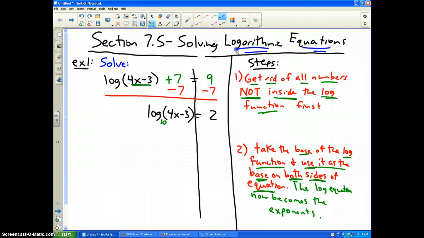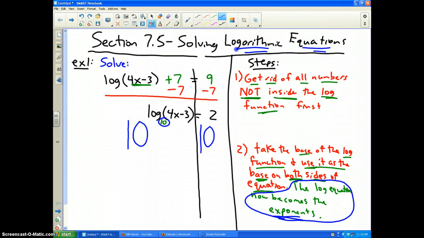In other words, the log equation that I have written in black will now become the exponent. So I'm going to write a big number 10, since that's the base, and log of 4x minus 3 is now the exponent. And I'm also going to do it on this side so that the 2 is now the exponent.